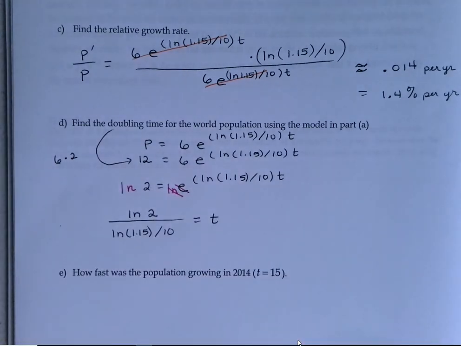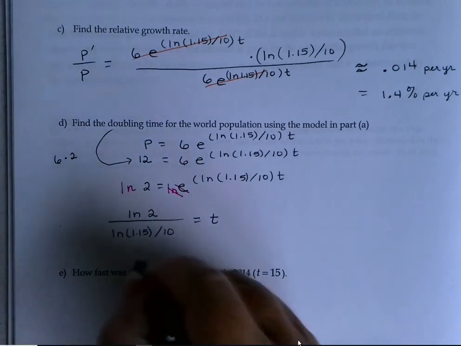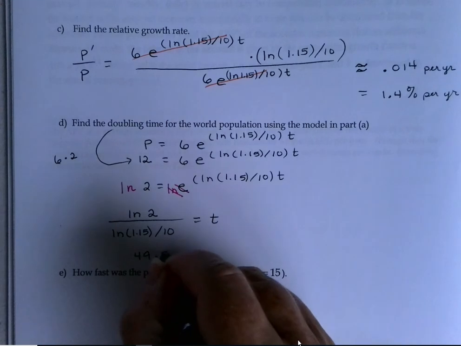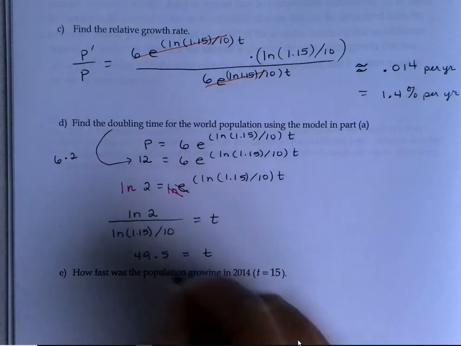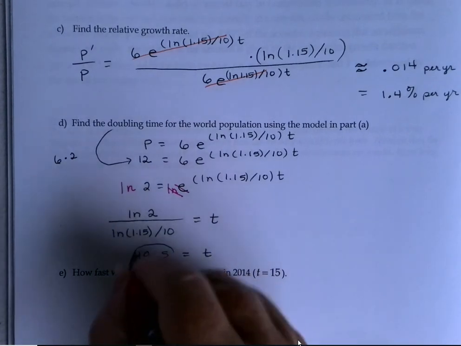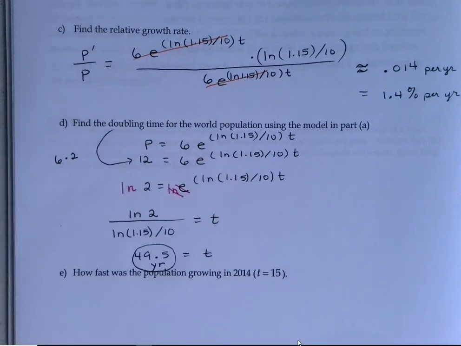And I just went ahead and put that into my calculator, and I got about 49.5 years. So this population is going to double about every 49.5 years.